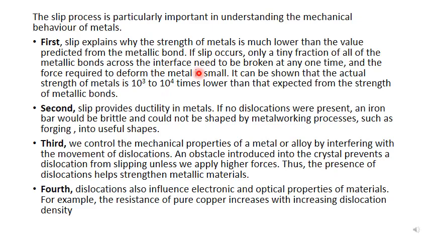Thus, dislocation is one of the most important reasons, actually, to have ductility in metals and alloys. Also, same here, we are talking about ductility. The first point and the second point are talking about the same issue.